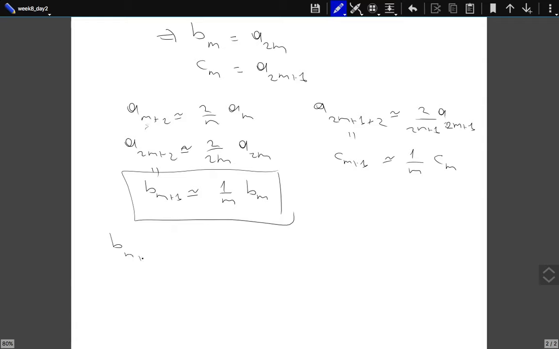So let's see, b_{m+1} is 1 over m times m minus 1 times m minus 2, down to n over 2, times b of n over 2.